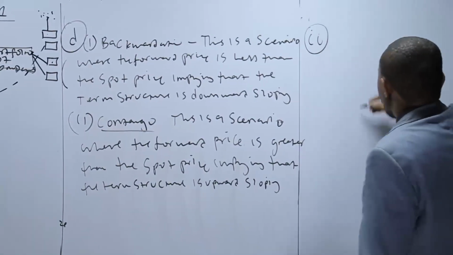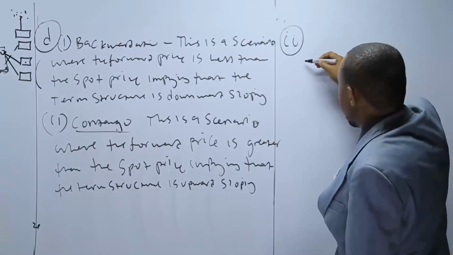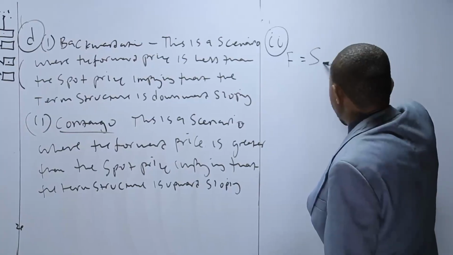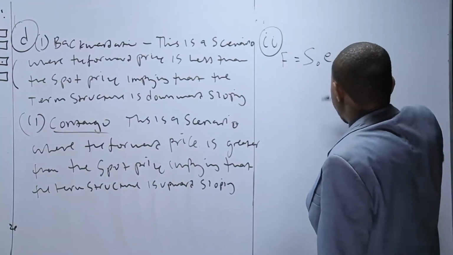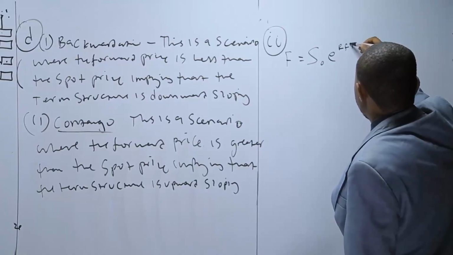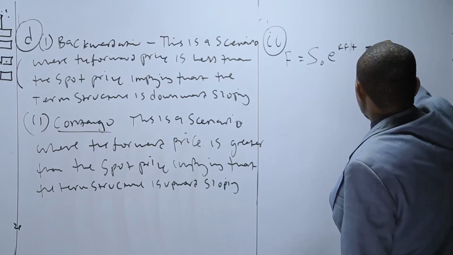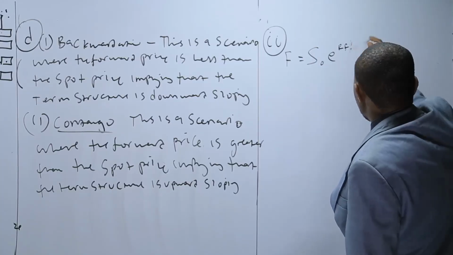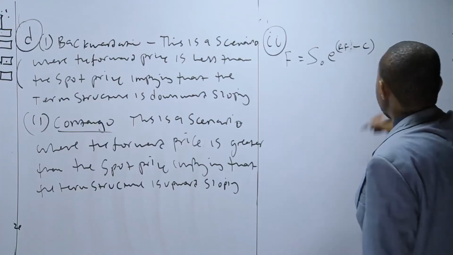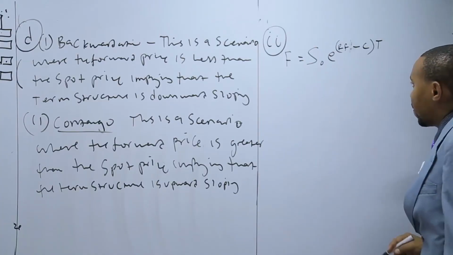The formula that is used within the commodities market is that the forward price is given as the spot price, times the exponential power of the risk free rate less the convenience yield component, and then we multiply that by the time factor.